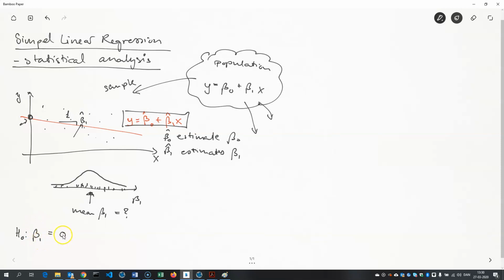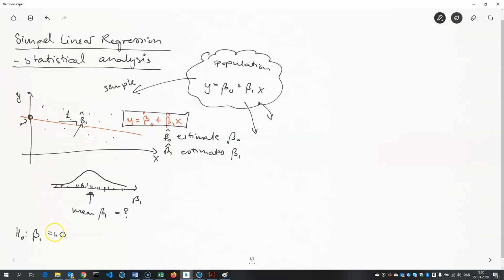Why is 0 interesting? Well, if beta 1 is 0, that means this line is horizontal. That means that there's no relationship, no dependence whatsoever between x and y. So that's kind of a critical value. We're interested in knowing, is there any significant linear relationship between x and y?